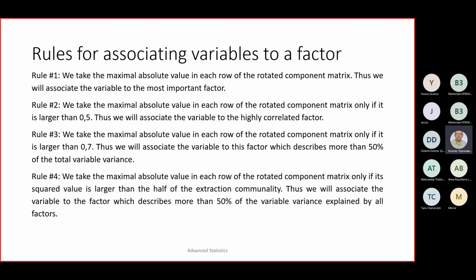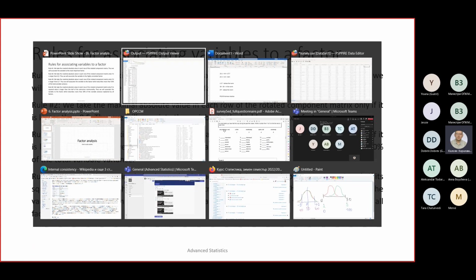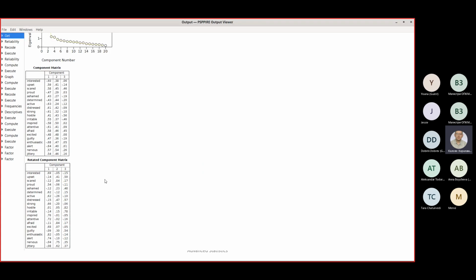Rule number 2. We take the maximum absolute value in each row of rotated component matrix only if it is larger than 0.5. Why 0.5? Because these coefficients are also correlation coefficients.